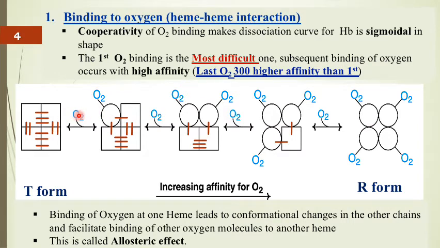The first oxygen helps the second oxygen to bind to hemoglobin, and the second oxygen helps the third oxygen to bind, and the first three oxygen molecules help the fourth oxygen molecule to bind. This phenomenon is called cooperative binding of oxygen, or allosteric effect, or heme-heme interactions.